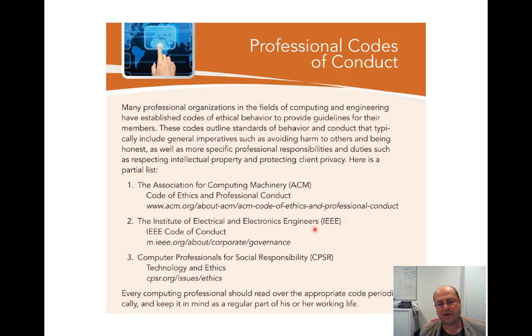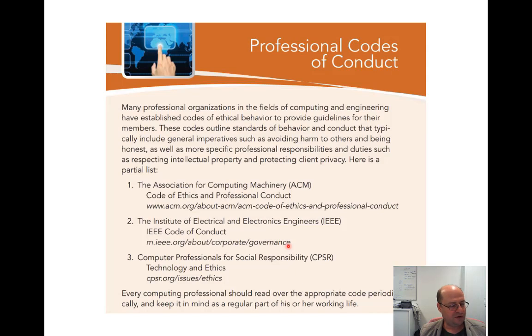If you are an electrical engineer or robotics engineer, you should go to the Institute of Electrical and Electronics Engineers, IEEE, and they also have a code of conduct, and there are many other professional codes of conduct depending on your career.